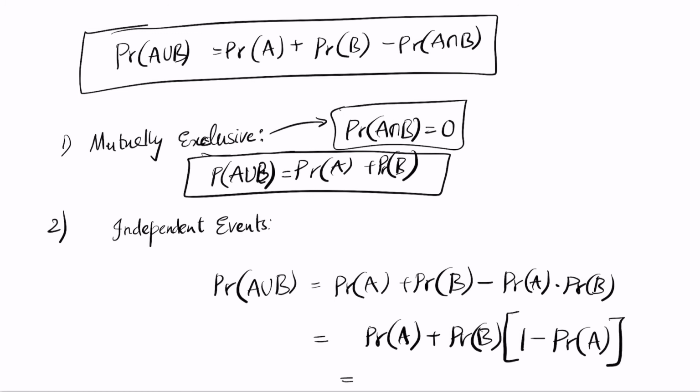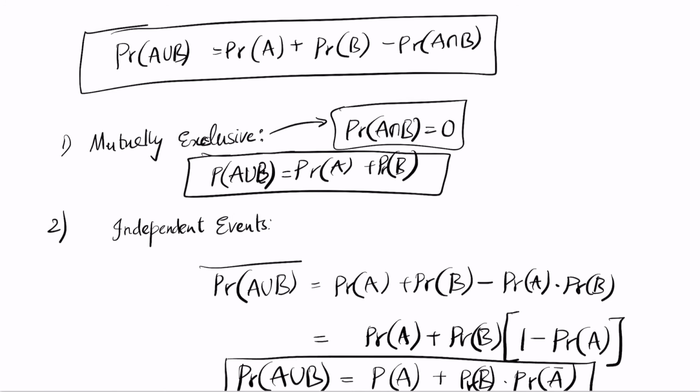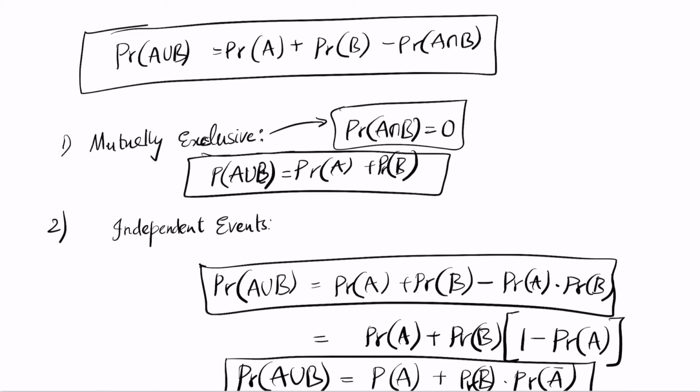So we can also write this as the probability of A plus the probability of B times the probability of A bar. So this is the probability of A union B when you have independent events. This is another way of writing the values. Now let's come to the next one.